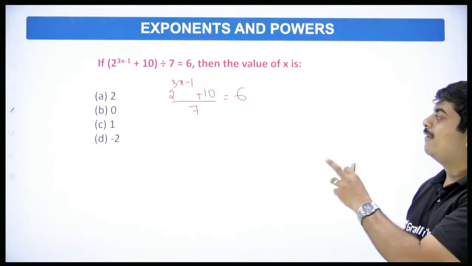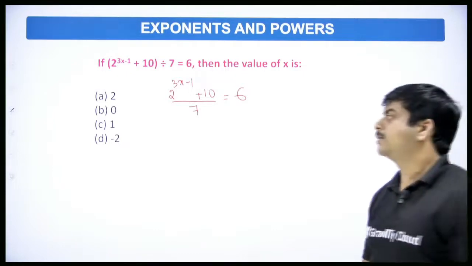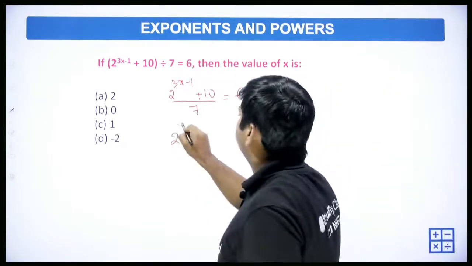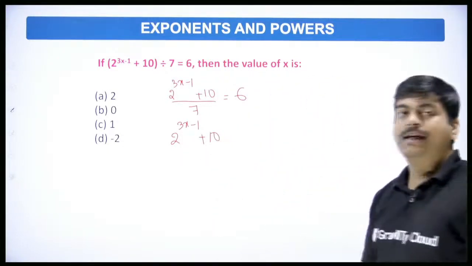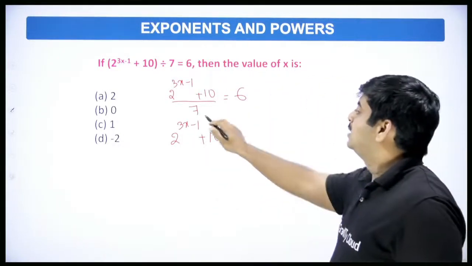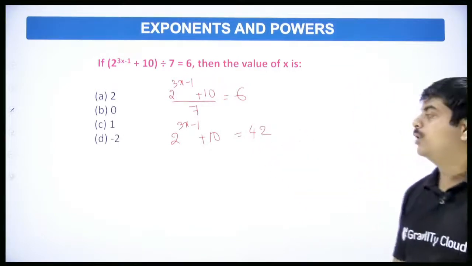Can we move this 7 to the other side? 7 into 6 is 42. So 2 power 3x minus 1 plus 10 is equal to 42.